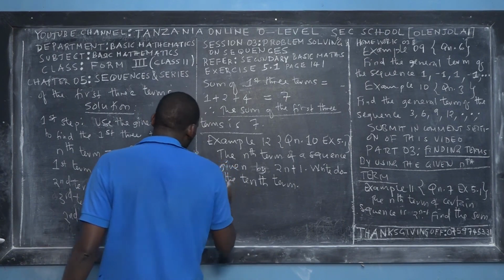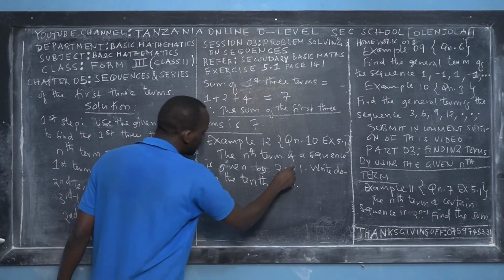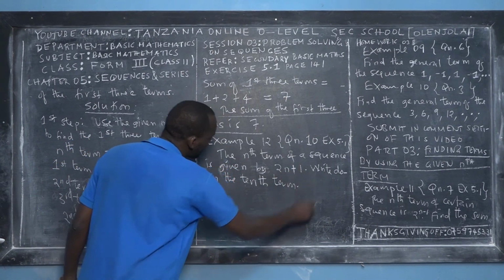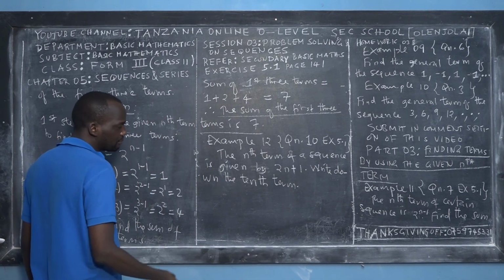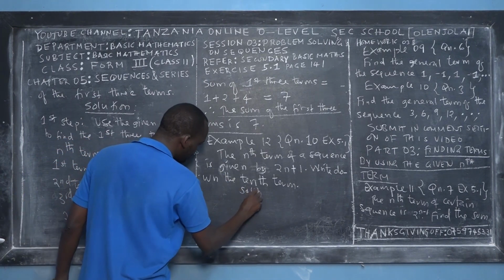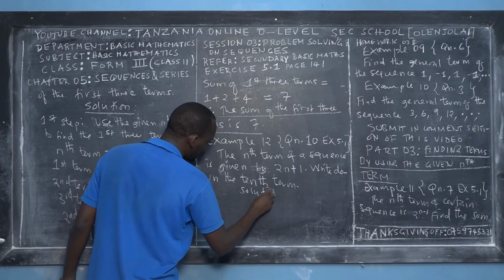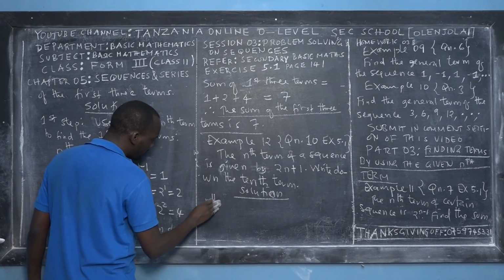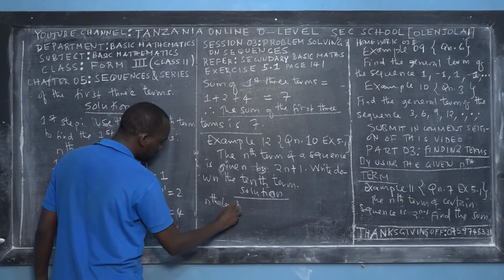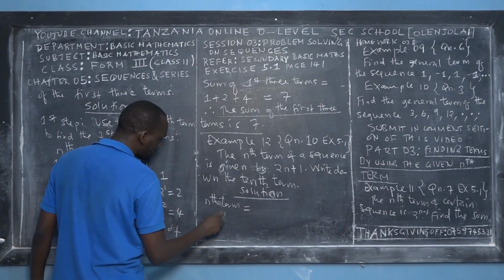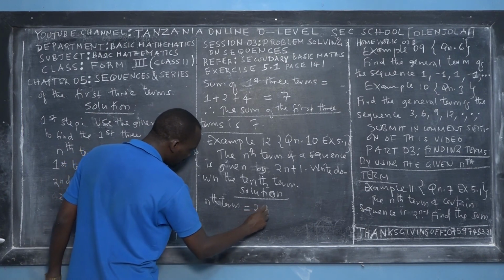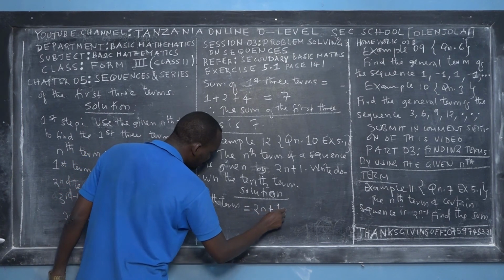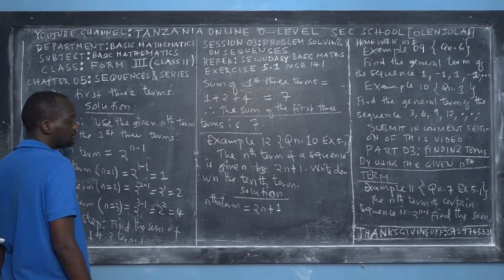The nth term of the sequence is given by 2 times n plus 1. Write down the 10th term. So, solution. The formula of the given nth term is 2n plus 1.